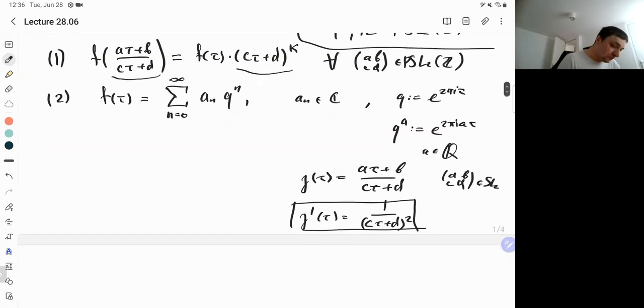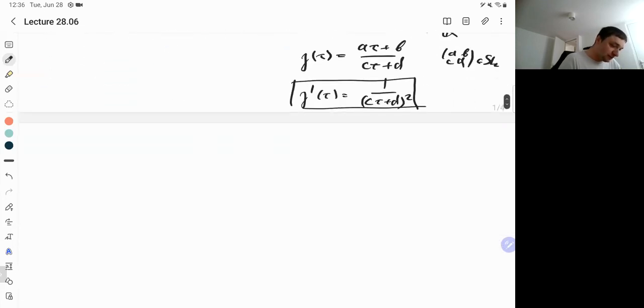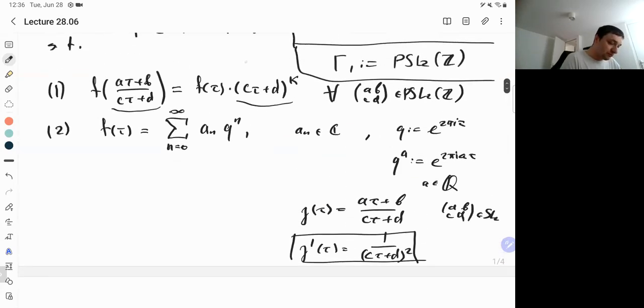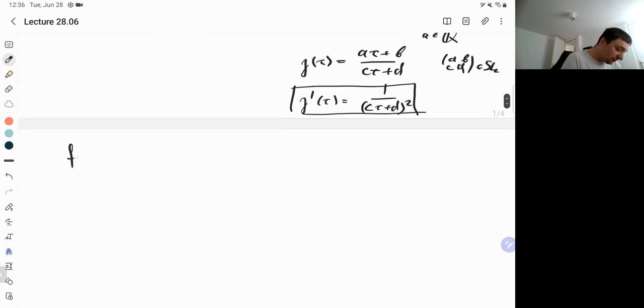Okay. So let me make a few comments before I delve into examples. The first comment is that there is a group action involved, which maybe is a little bit hidden. You can define a slash operator in weight k, which makes some definitions much easier to work with.